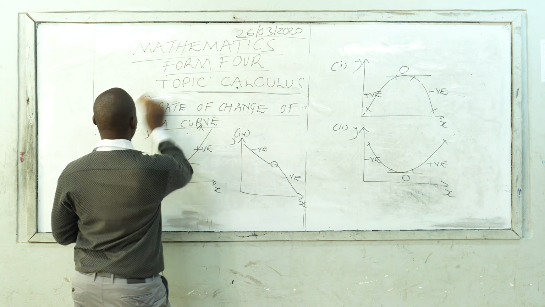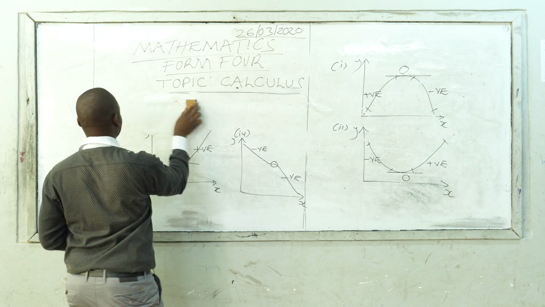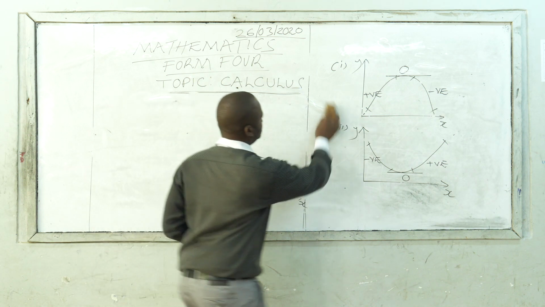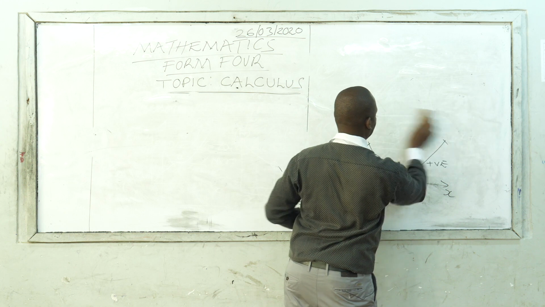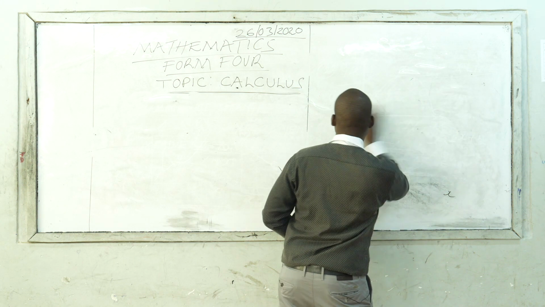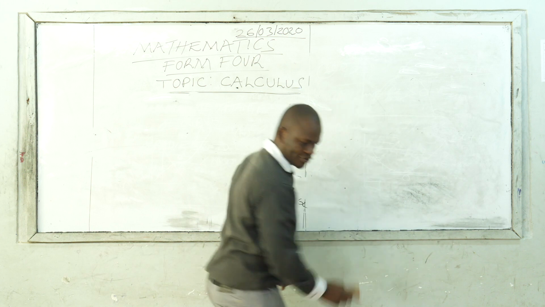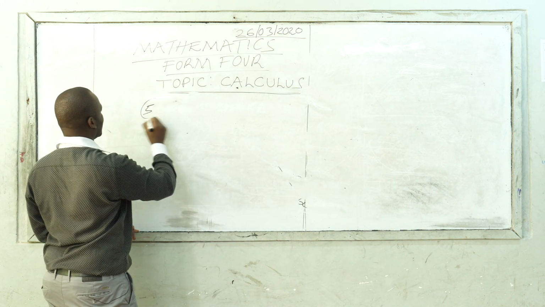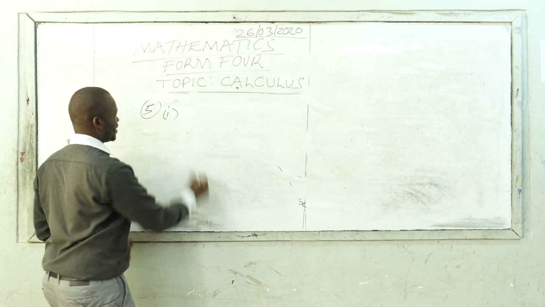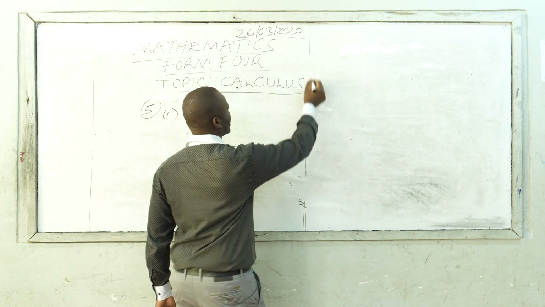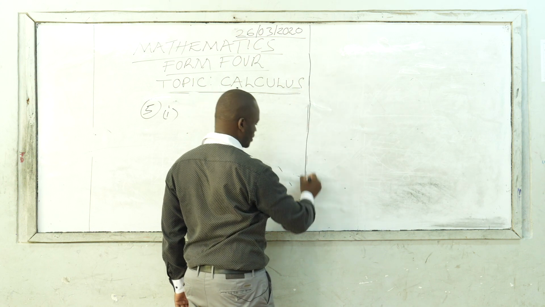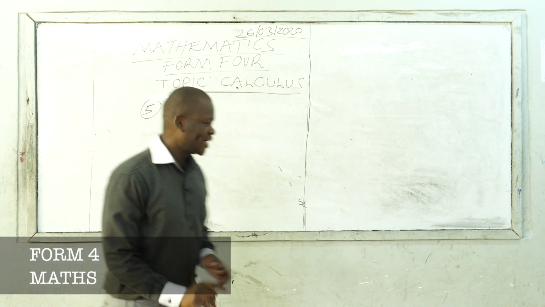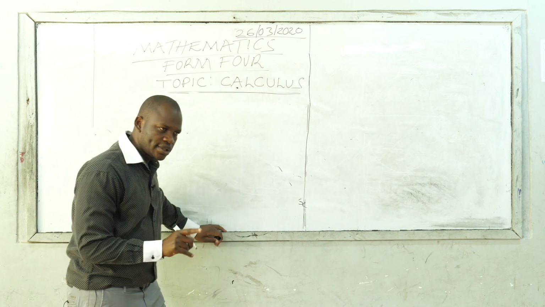That is point number 5. So point number 5 is basically dealing with how the gradient of a curve is normally specified or how it can be determined. So how is it specified? It is specified in the following two ways.